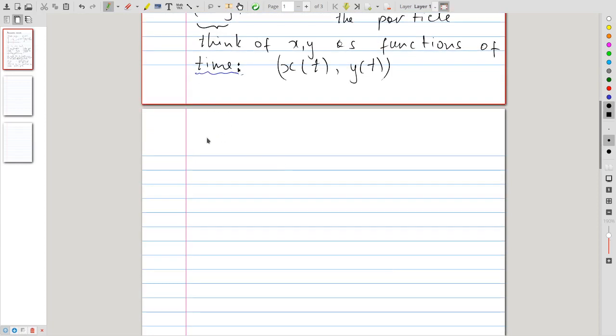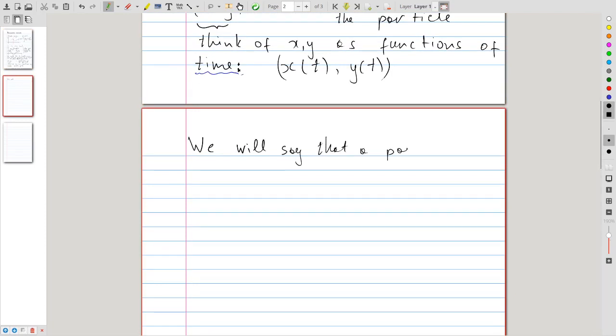And so we will say that a pair of functions x of t, y of t defines a parametric curve.